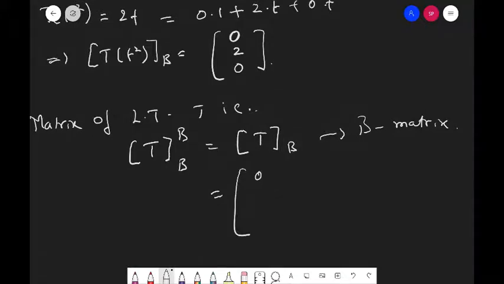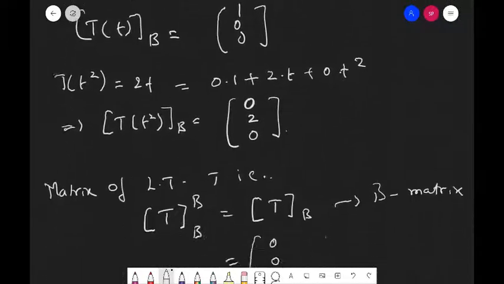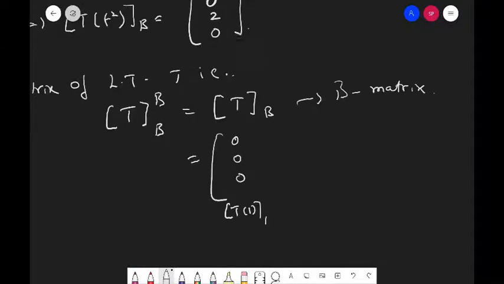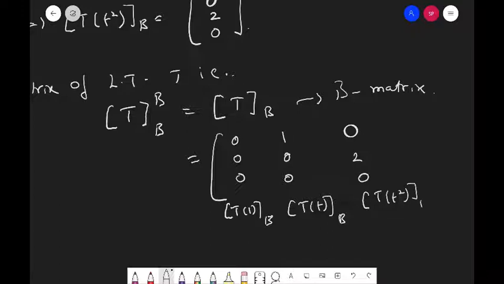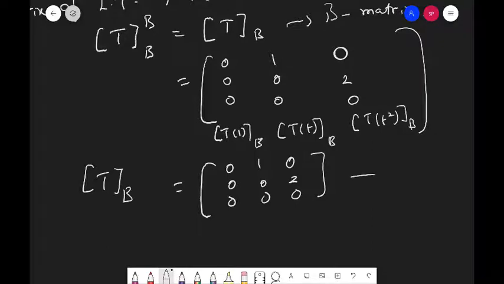The first column is 0, 0, 0, the coordinate of T of 1, the second column is 1, 0, 0, which is the coordinate of T of t with respect to the basis B, and the third one is 0, 2, 0, the coordinate of T of t square with respect to basis B. So this matrix is 0, 0, 0; 1, 0, 0; 0, 2, 0. We call it the B matrix. Our A bit is over.